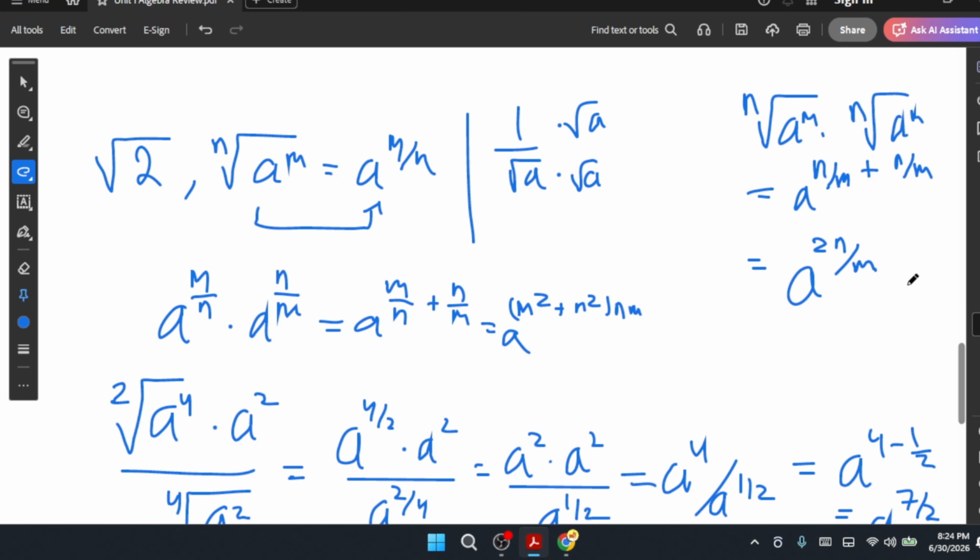If our n was equal to 1 and our m equal to 2, which in this case is a root, so a to the power of half times a to the power of half, that means 2 times 1 over 2, which is 1, a to the power of 1.